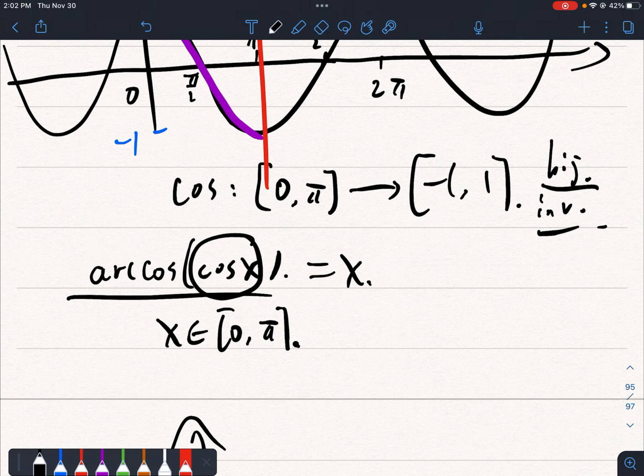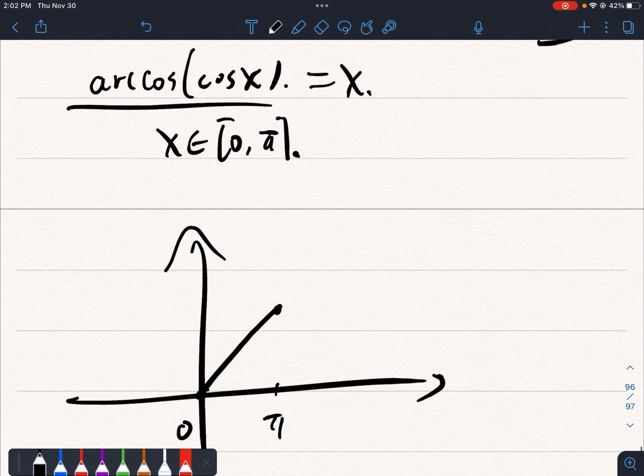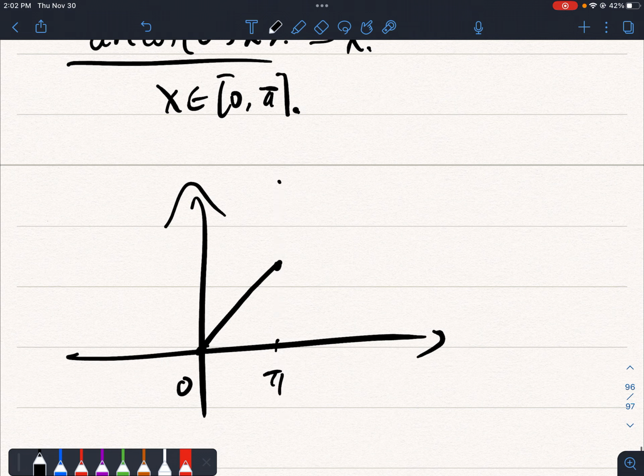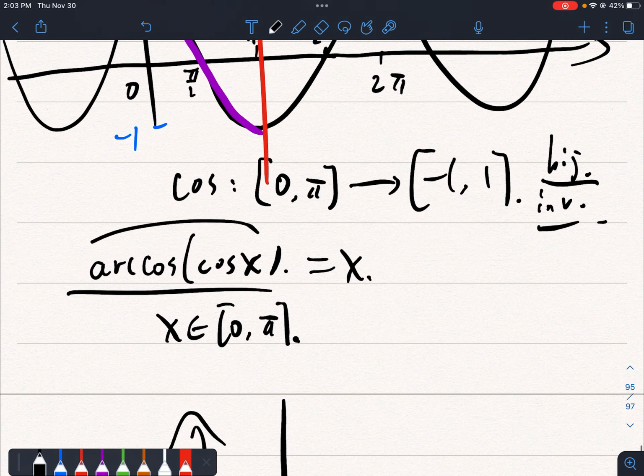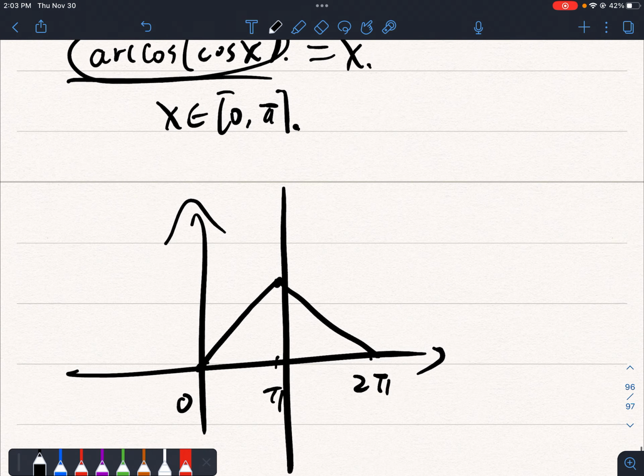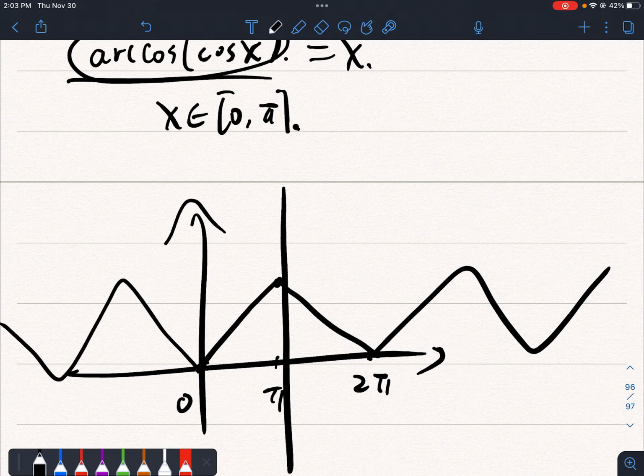So from 0 to pi, it must be like this. And then cos is symmetric along x equals pi. So the entire thing must also be symmetric along x equals pi, which means you can just reflect the graph. So then you get the graph from pi to 2 pi. So it should go down to 2 pi.